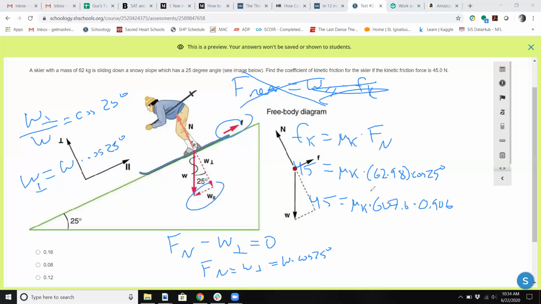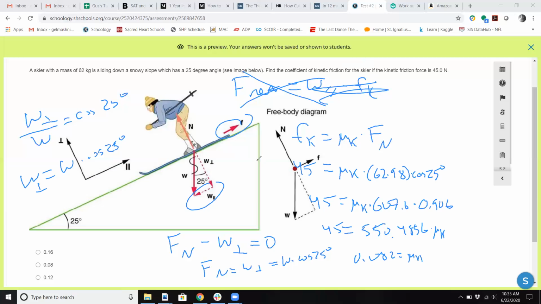Work all that out: 607.6 times 0.906 is about 550. So 45 equals 550 times mu K, and mu K comes out to about 0.082. So that's why 0.08 is going to be the correct answer for that one.